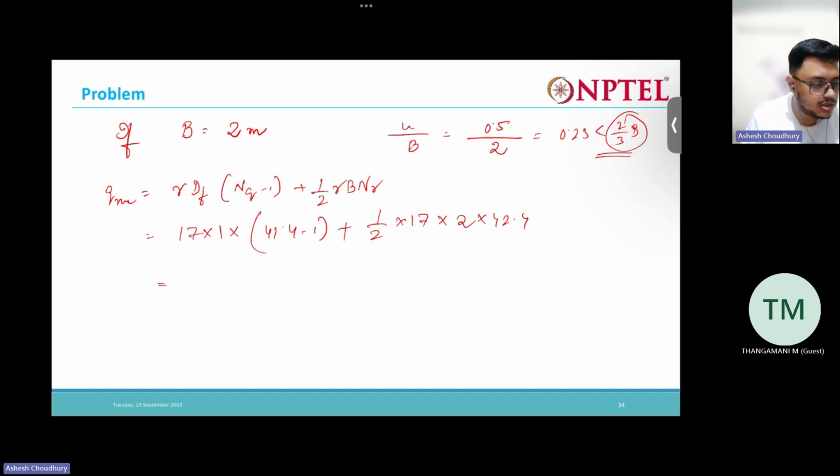How much will it be? Please calculate. Half into 17 into 2 into 42.4 is 720, plus 17 into 40.4.